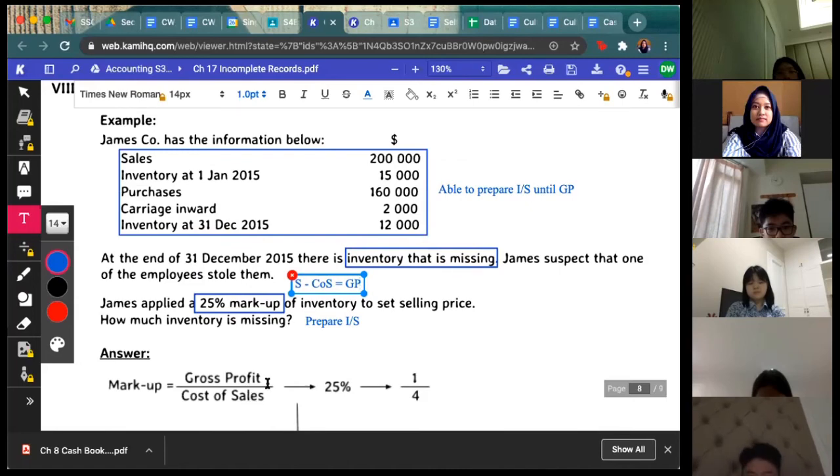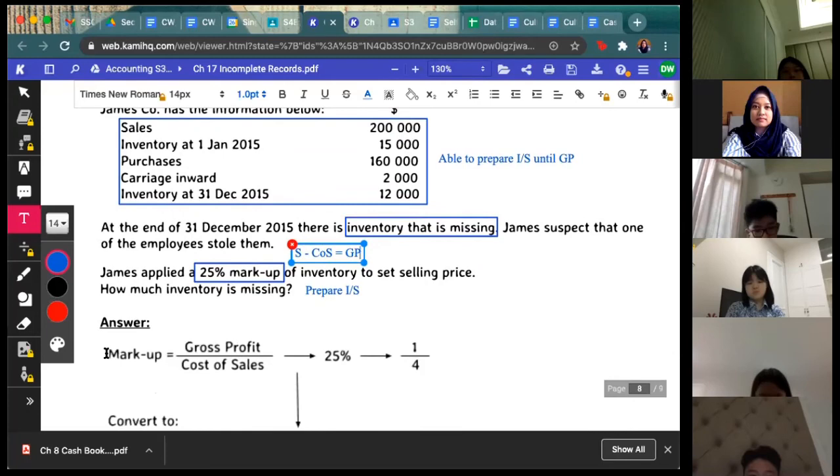The missing inventory is taken from the inventory at the end, so this inventory at the end is not a correct number, and there is missing information in the cost of sales. So we cannot use cost of sales, and that is why we cannot do much about markup.